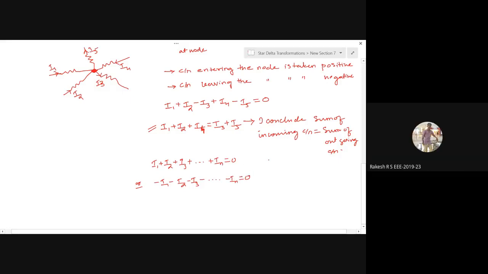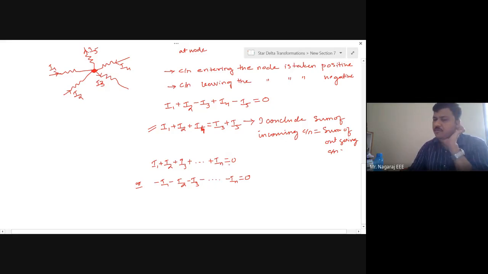Is there any possibility that if all the currents are positive the sum is 0, or all the currents are negative and the sum is 0? No, these possibilities will never exist.